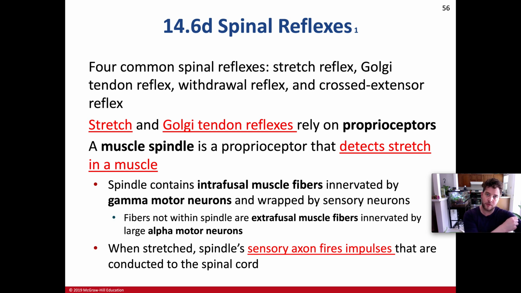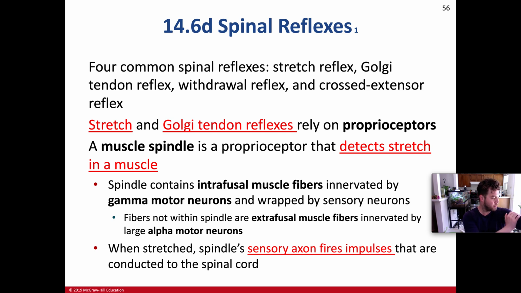Within your extrafusal fibers, within your muscle, you have these intrafusal muscle fibers that contain your muscle spindles. So your muscle spindle is the intrafusal muscle fibers, and those have gamma motor neurons. What the gamma motor neurons are going to do is stretch the intrafusal fibers.